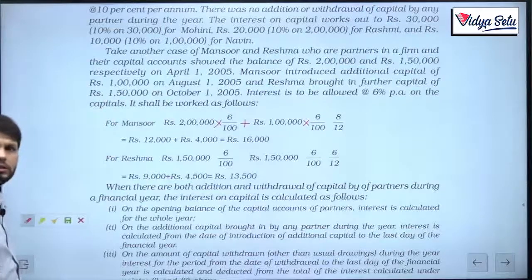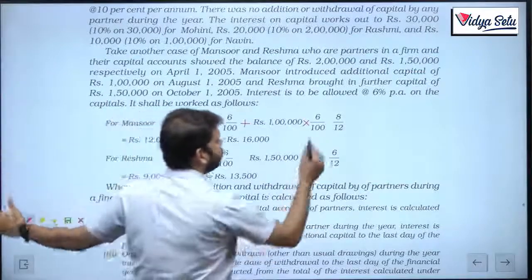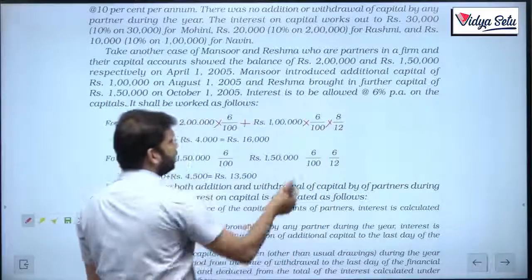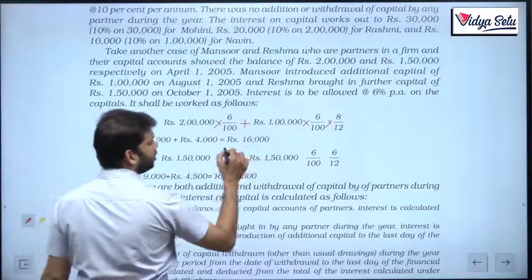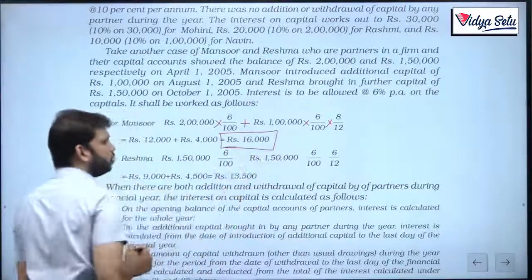So August, September, October, November, December, January, February and March. Yes, 8 months. If you solve it, it will come to 4,000. So total interest on capital comes to rupees 16,000.